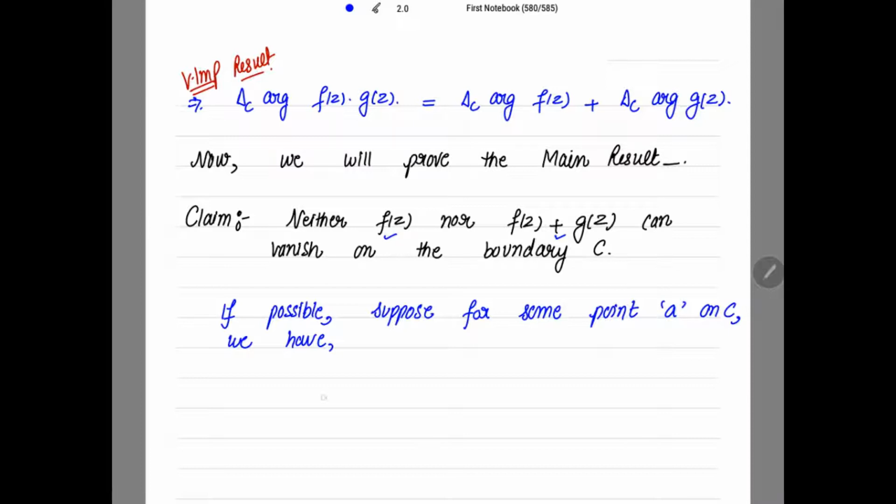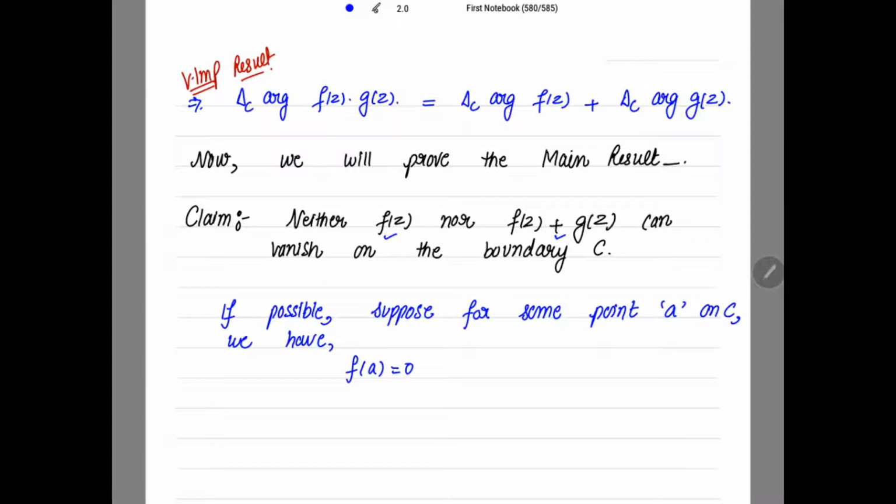So if possible, suppose for some point A on C, this function is equal to 0. This function vanishes at point A. So f(z) vanishing at the point A means that f(A) is equal to 0, right? And also in Rouche's theorem, we are given that mod of g(z) is strictly less than mod of f(z).